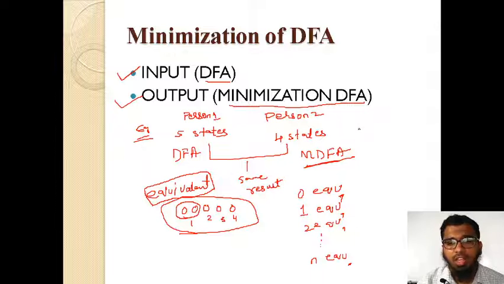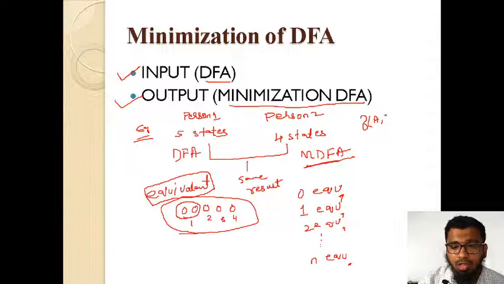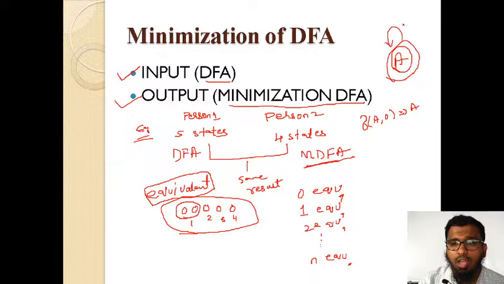The main thing is the transition function. For example, I take a comma 0, then we get the next state. Like for example, A is the initial state, and on input 0 it goes to A only.